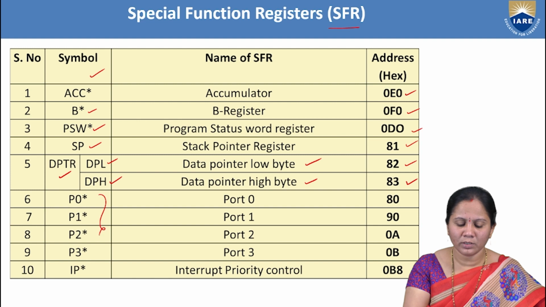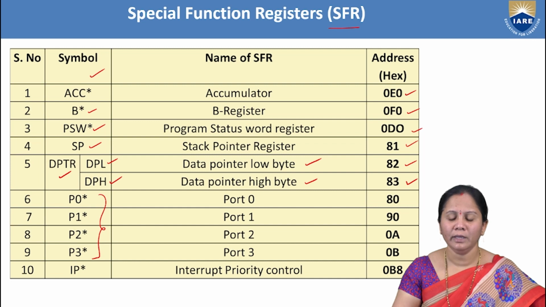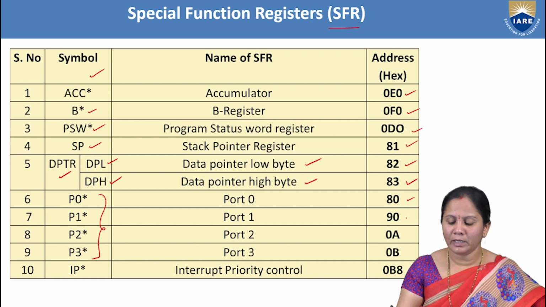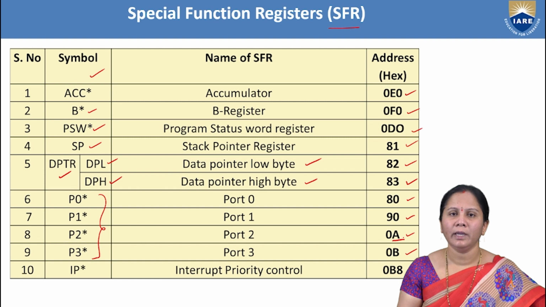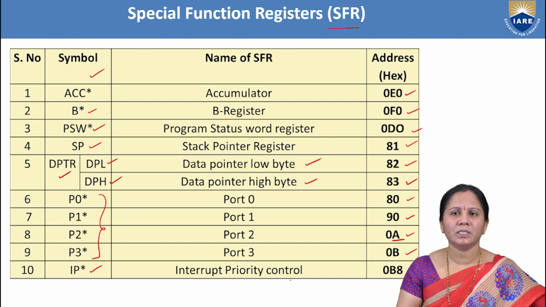Here these are the 4 port pins: port 0, port 1, port 2 and port 3, and their addresses are 80, 90, 0A0 and 0B0. The addresses are in hexadecimal, so instead of 10 and so on, we find A here. Another register is IP, which is called the interrupt priority control, and its address is 0B8.